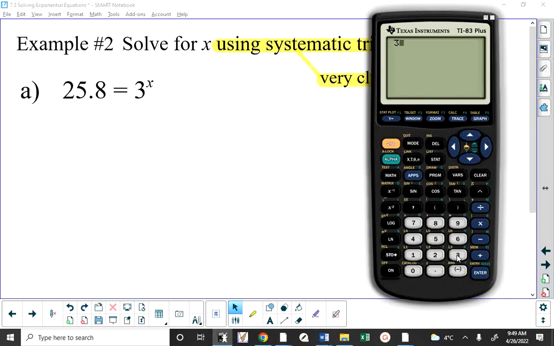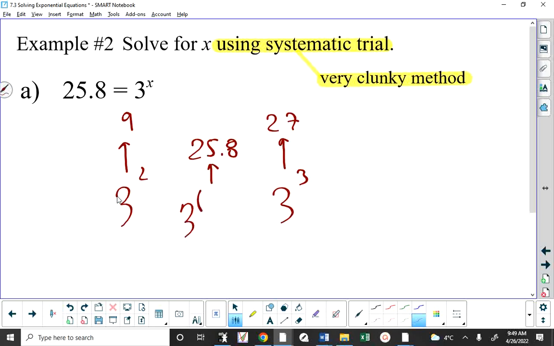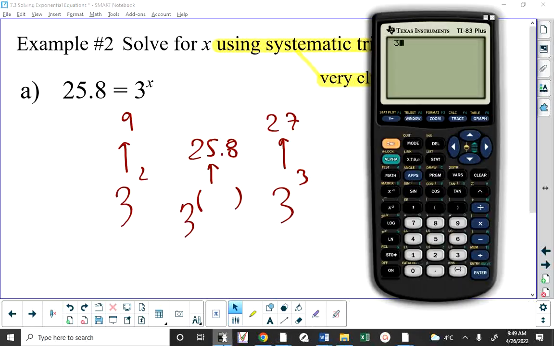Which means that if 3 squared gives you 9 and 3 cubed gives you 27, 25.8 will be arrived at by taking 3 to some number between 2 and 3. And again, I don't like this method. I think it's really weird. I'm going to go 2.8.